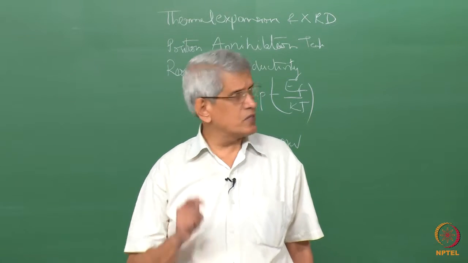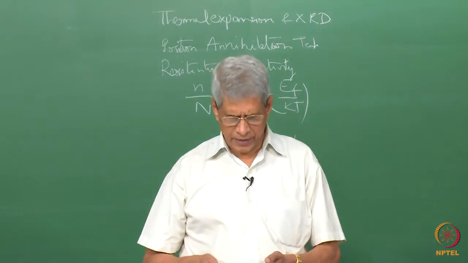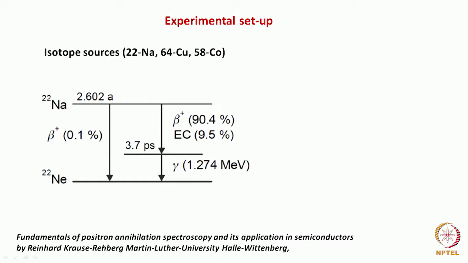When this reaction takes place, there is a direct transition, the emission of a positron without any gamma ray emission, which is about 0.1%. And there is another one where a gamma ray is also emitted simultaneously.